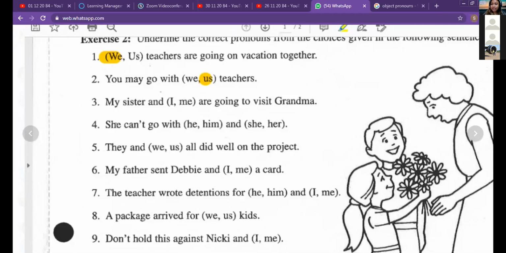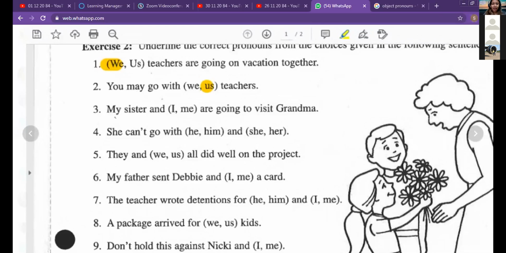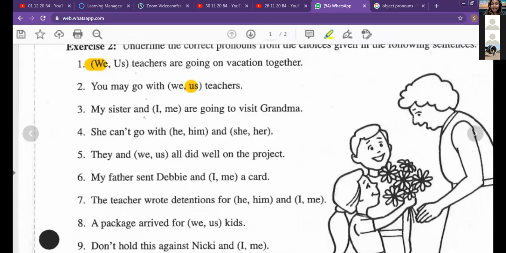Because I am identifying the people. It's like saying my sister Andrea and Adriana. We are saying the names of the people to identify them. So my sister and I.